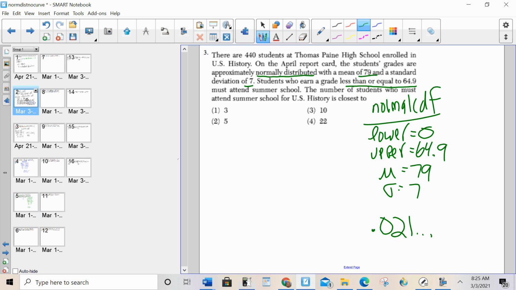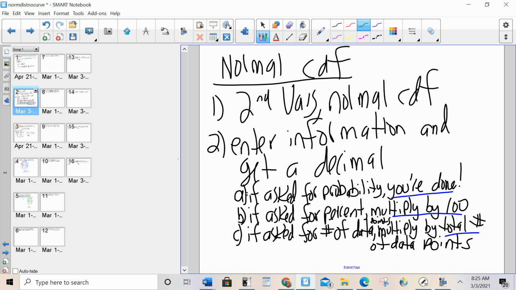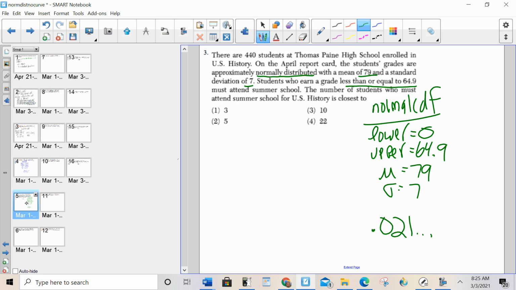Now there are three circumstances. If they ask me for a probability, I'm done. If they ask me for a percent, I multiply by 100. If they ask me for the number of data points, multiply by the total number of data points. It's asking me for the number of students, so I need to multiply by the total number of students.